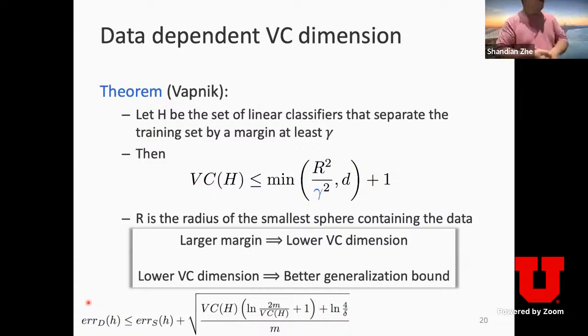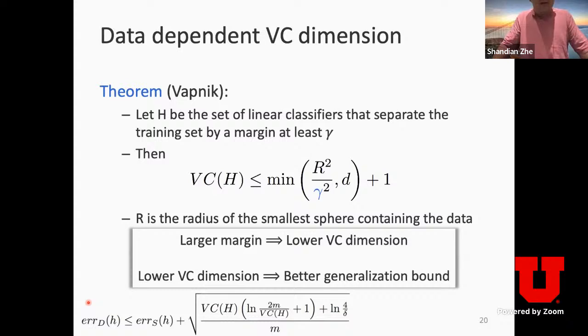Under that setting, we also consider an alternative metric to quantify the complexity or expressivity of your hypothesis space, because many hypothesis spaces are infinite. Even the linear model space can be infinite. So we need an alternative complexity metric.